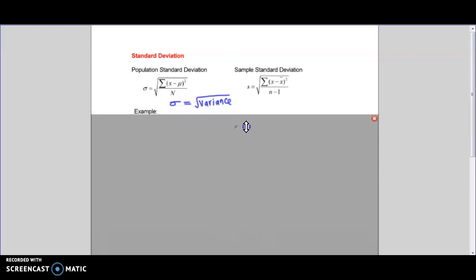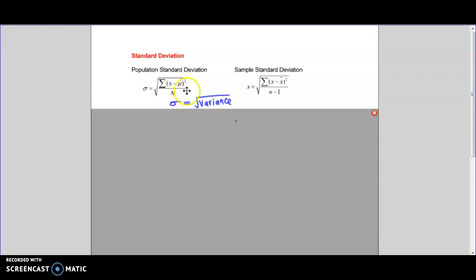One more definition here is standard deviation. We talked about deviation being how far each individual data point is from the mean. How do we calculate standard deviation? Well, the standard deviation looks very similar to the variance.